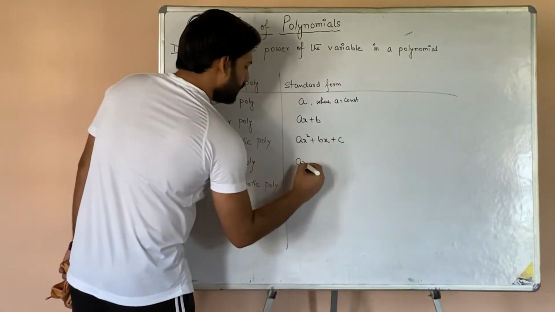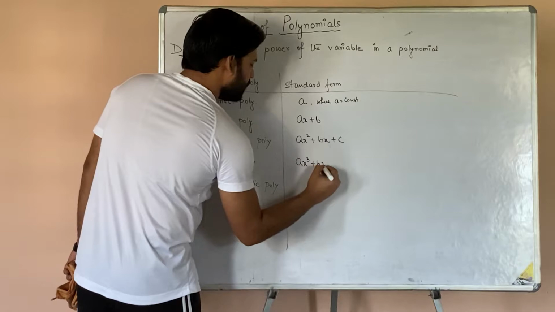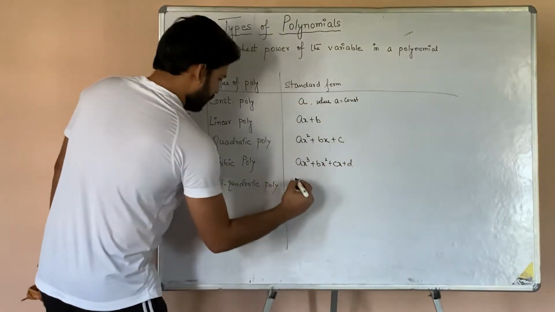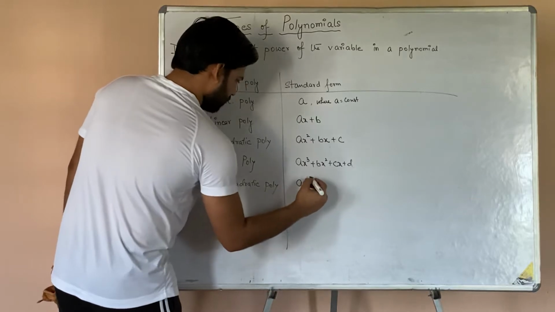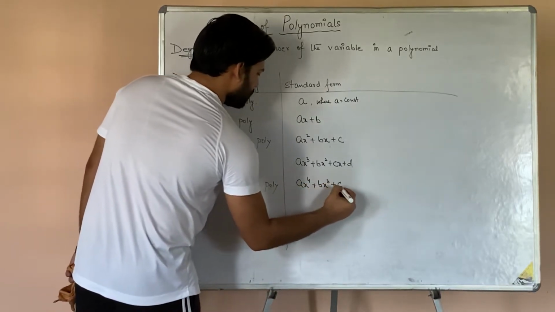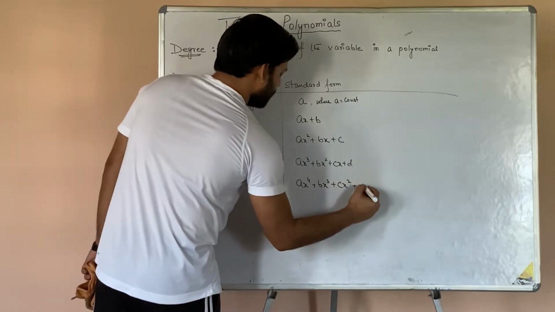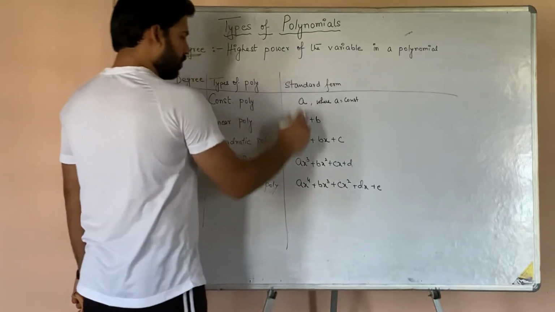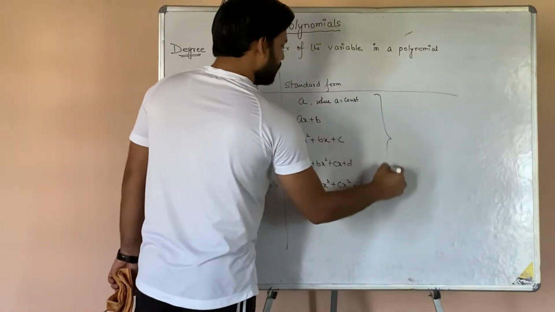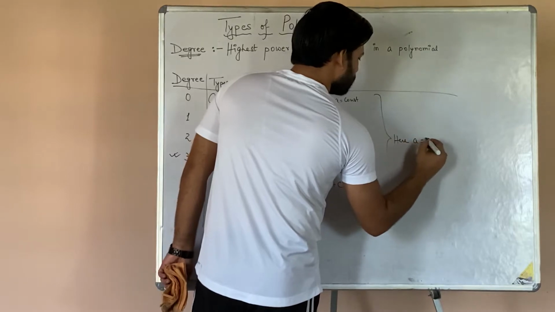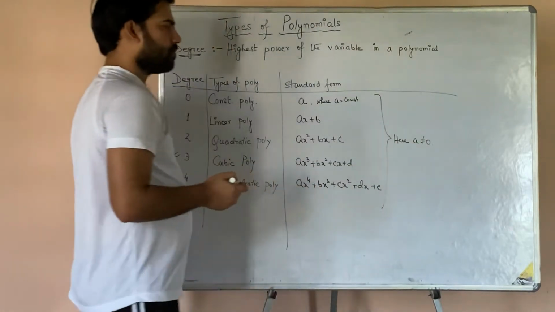Here it would be ax cube plus bx square plus cx plus d. Here it would be ax to the power 4 plus bx to the power 3 plus cx square plus dx plus e. Now out of all of them, you need to understand here a should not be equal to 0.